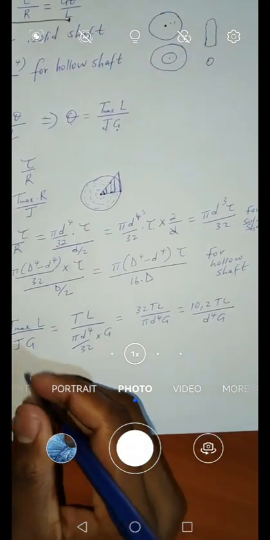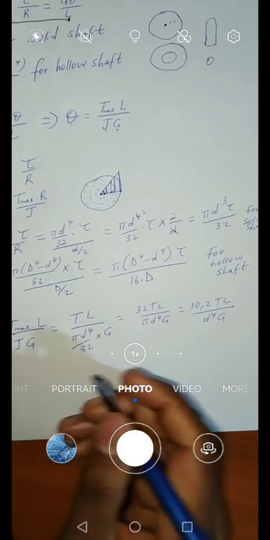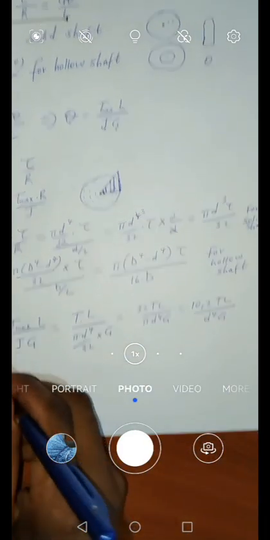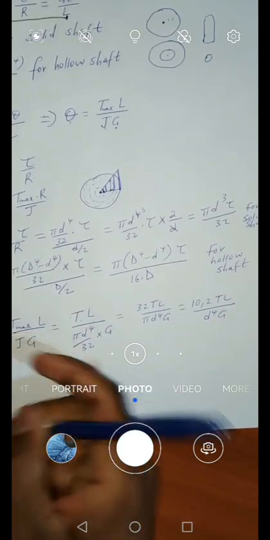And then for the hollow shaft, it will be the very same formula, just that the difference will be here.